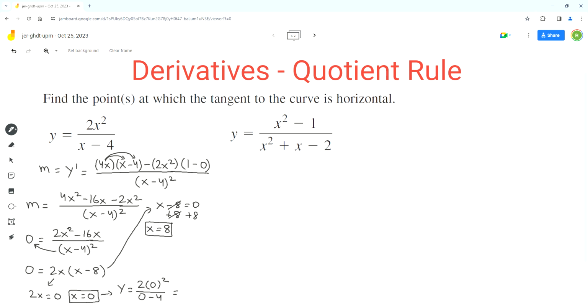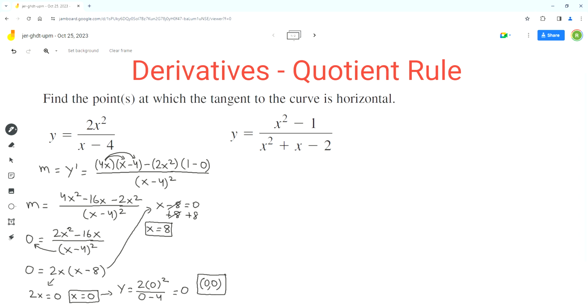This will be equal to 0 because 2 times 0 squared is equal to 0, and 0 over negative 4 will be equal to 0. So that means the first point at which the tangent is horizontal is 0, comma 0.